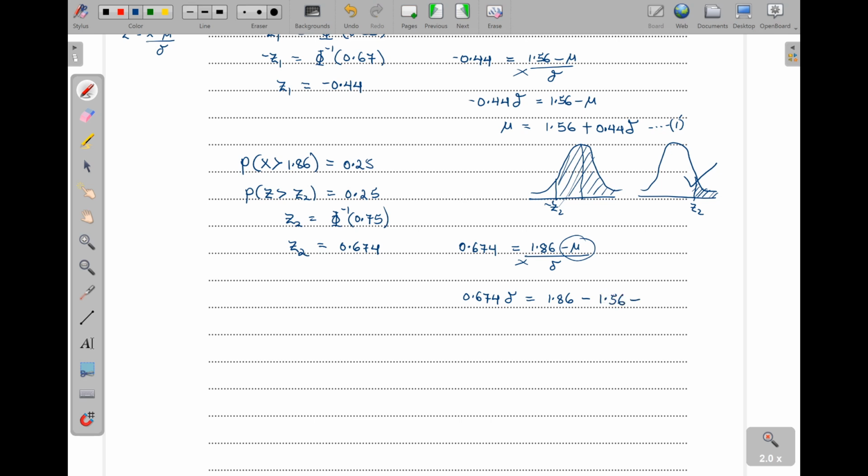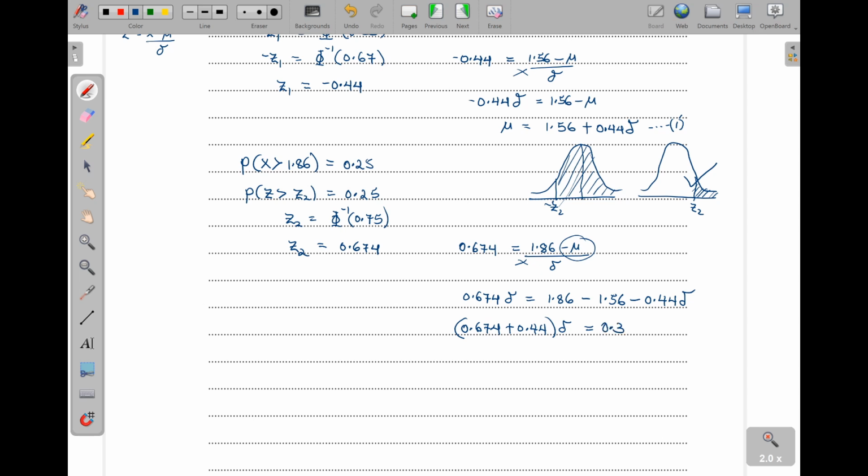Because of course this minus is going to affect everything here, they will become negatives, 0.44 sigma. Then I can bring the term with the standard deviation this side such that they add up. So I have 0.674 plus 0.44. Then I can factorize out the sigma. Then it's equal to 1.86 minus 1.56.